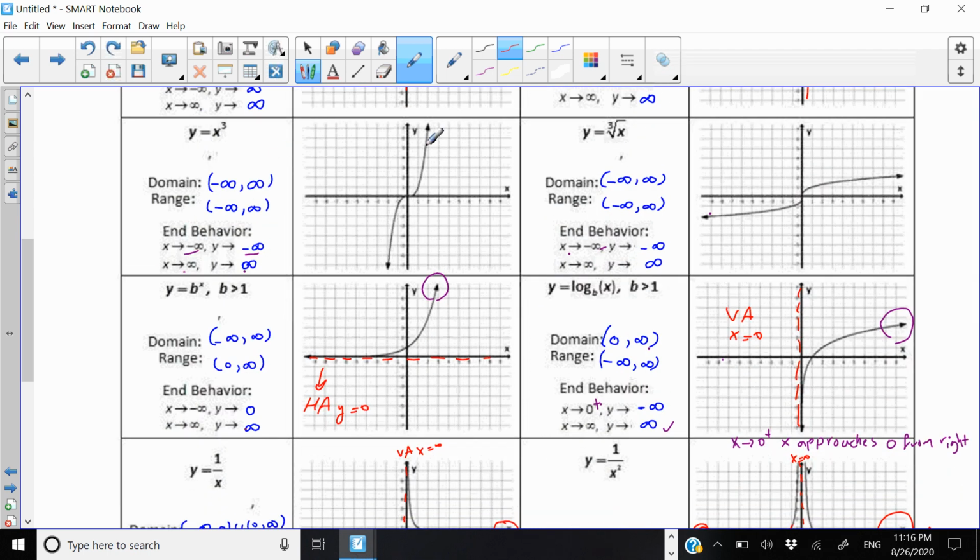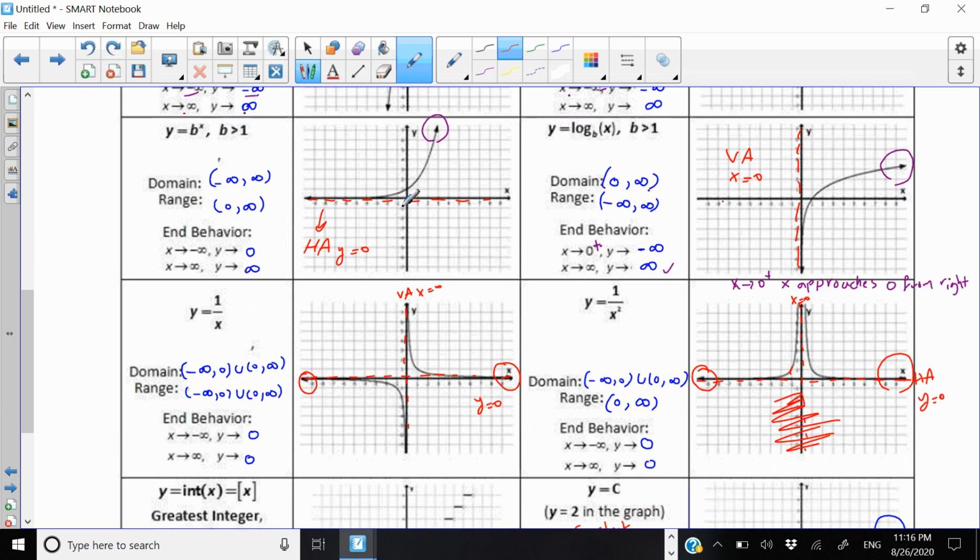X to the 3. This is symmetry to the origin. A point here has a mirror on the other side. So this is an odd function. Same here. Any point here has a mirror on the other side. Symmetry to the origin. This one is also odd.